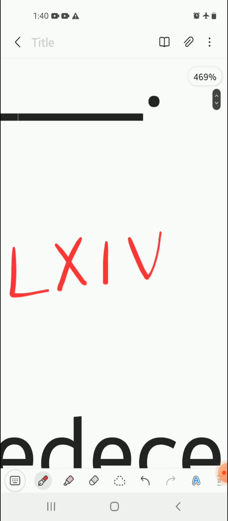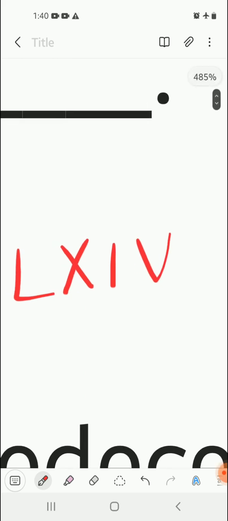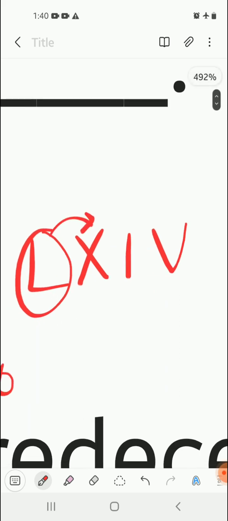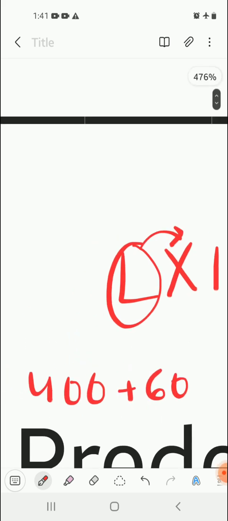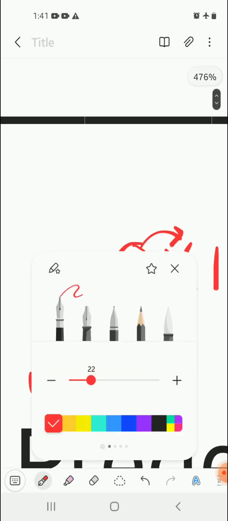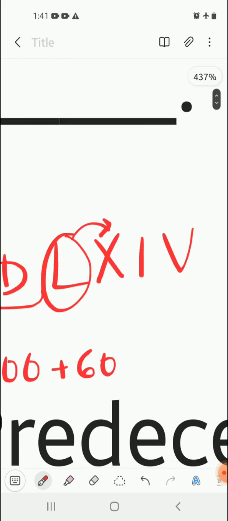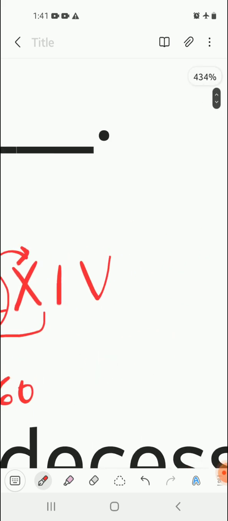LXIV. Now in LXIV, the greater number is L, that is 50. To the right of it, we have X, that is 10. So it is 50 plus 10, 60. So plus 60. Previously, we had CD over here, that was 400. And now LX, this is 60.